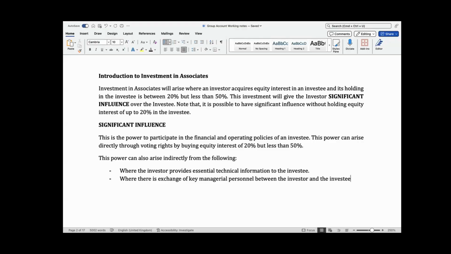Top management personnel, it also shows that you have significant influence over the investee, or where there is material transaction. You guys are consummating material transactions. And when I say material, it means that it can determine the survival of the investee. So when you carry out material transactions between the investor and the investee, it also shows that you might have significant influence over the investee.